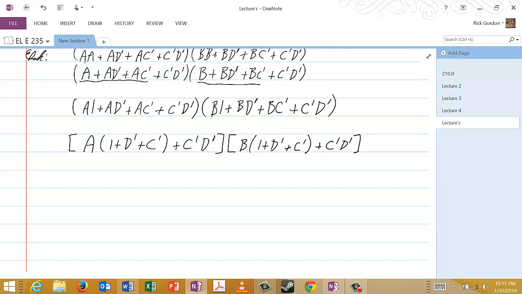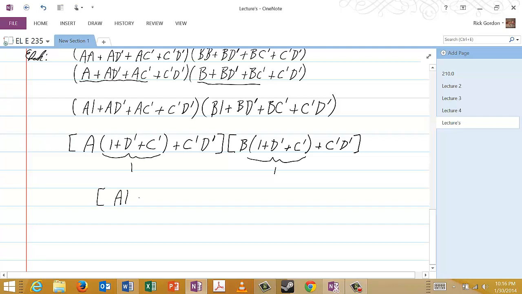And remember that one ORed with anything, and it really is important. If this doesn't already jump out at you, it should be beginning to do so. One ORed with anything, you just need to know automatically. One ORed with anything is 1. And so therefore, this is equal to 1, and likewise, this is equal to 1. So these two terms now simplify quite a bit.